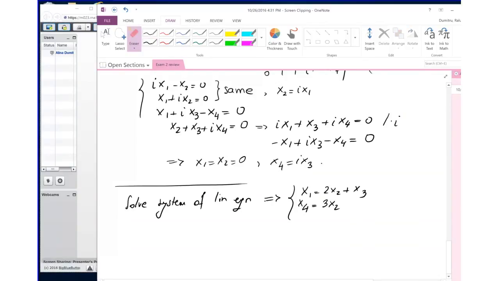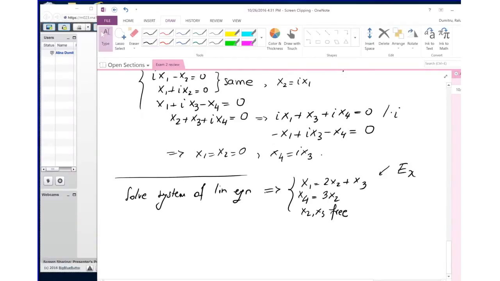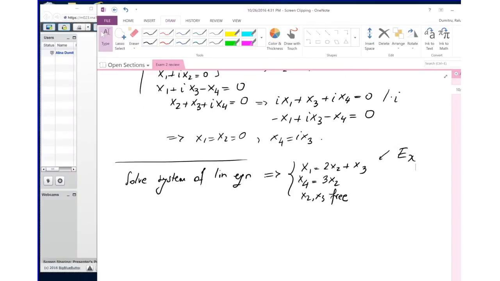Okay, x2 and x3 are free. Let's say that this is the E lambda from the null space of that system. What would be the solution set then? Well, it will look like this. x1 is 2x2 plus x3, x2 is free, x3 is free, and x4 is 3x2.